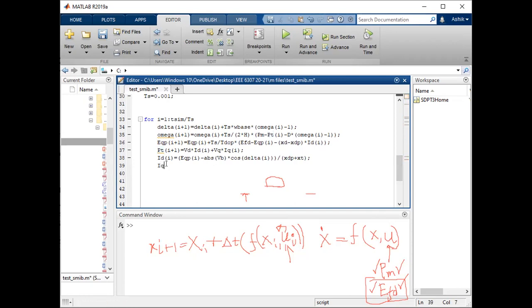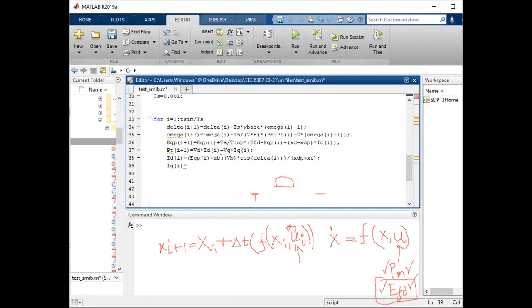So let's take IQ i, and that is equal to the absolute value of VB sine delta divided by XQ plus XT.